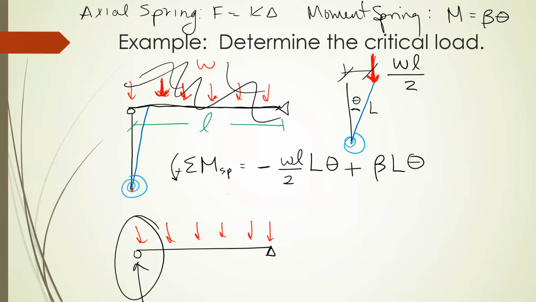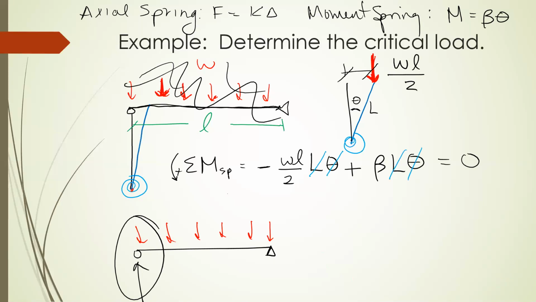The things that are in both terms aren't going to be of much consequence because I'll say this is equal to 0 to put it in equilibrium. And so I can go ahead and cross out L and theta.